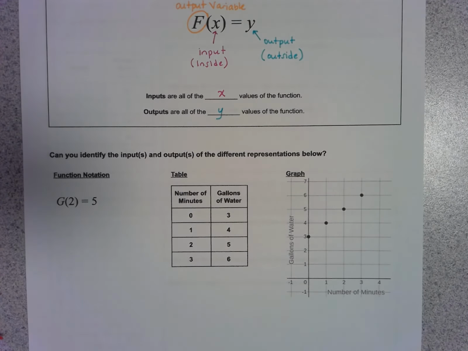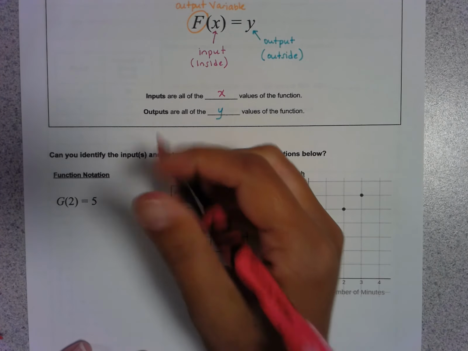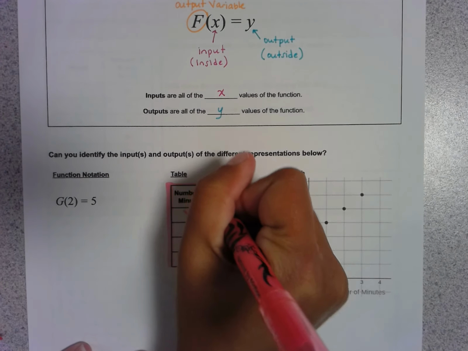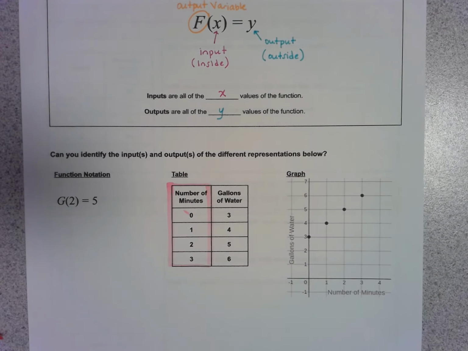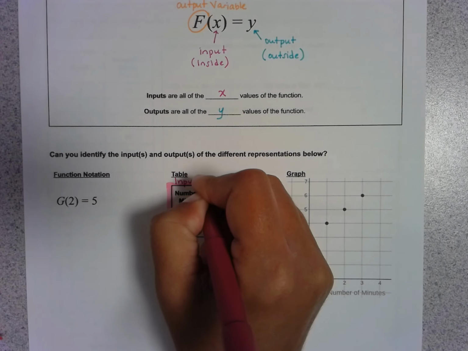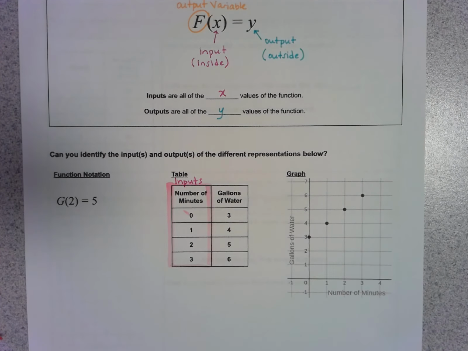Now, it's important to know that we can find inputs and outputs looking at a variety of representations. We've already learned that we can find inputs and outputs in a table. We know that the inputs of a table are always in the left side column. These are always the inputs. And we know that the outputs in a table are always in the right side column.